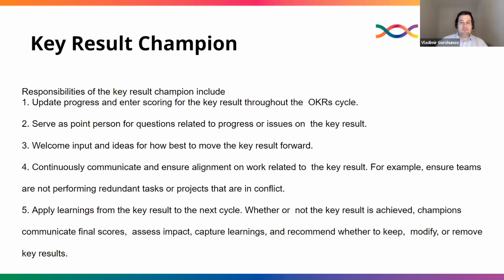Key result champion, it's an interesting one, because accountable doesn't mean that the entire team is accountable. It's most often the case that a person is accountable for something, and we have an objective and key result champion.